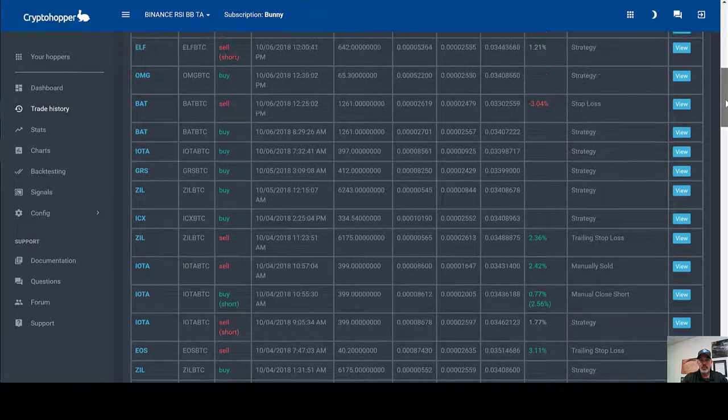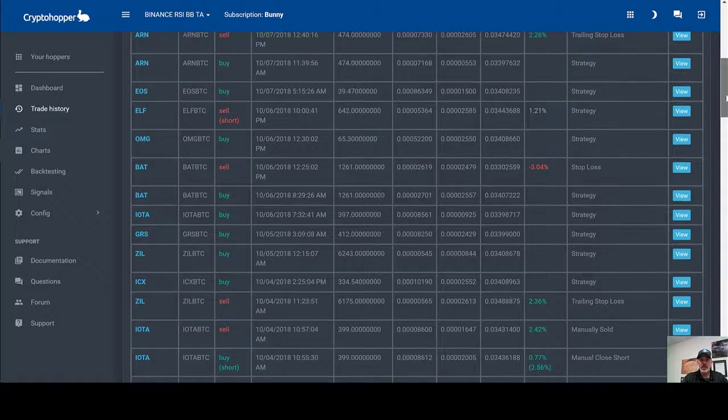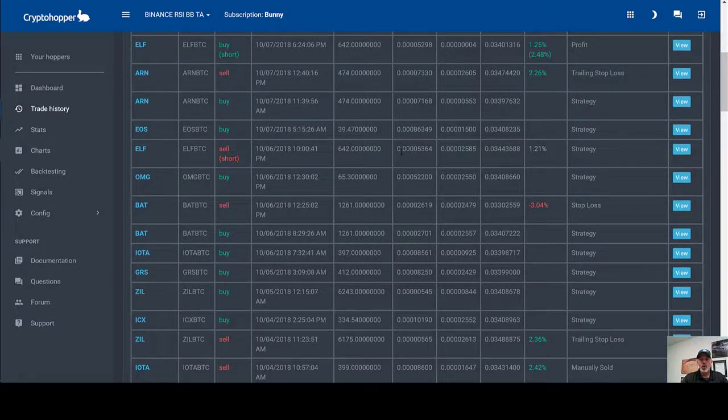And over time, ELF worked its way up and had become overbought and therefore triggered a short of the actual position of those 642 tokens. Now, ELF was actually only up 1.21% at that time, but had hit our Bollinger Band and overbought strategy, and therefore triggered a short.